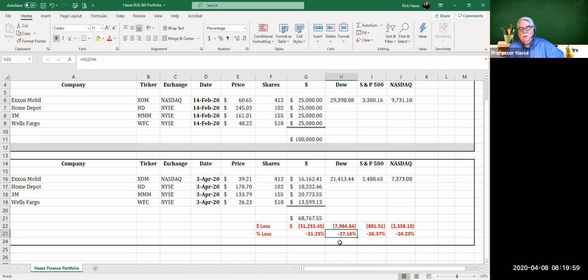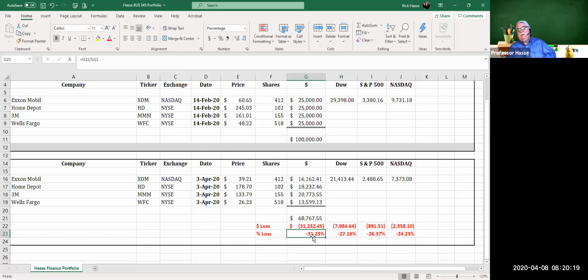So if you go to the Wall Street Journal last Saturday and you go to the index listing of all the exchanges, you will see a 27.16% drop in the Dow for that time period. Same with S&P, same with NASDAQ. They did better than Professor Hasse.